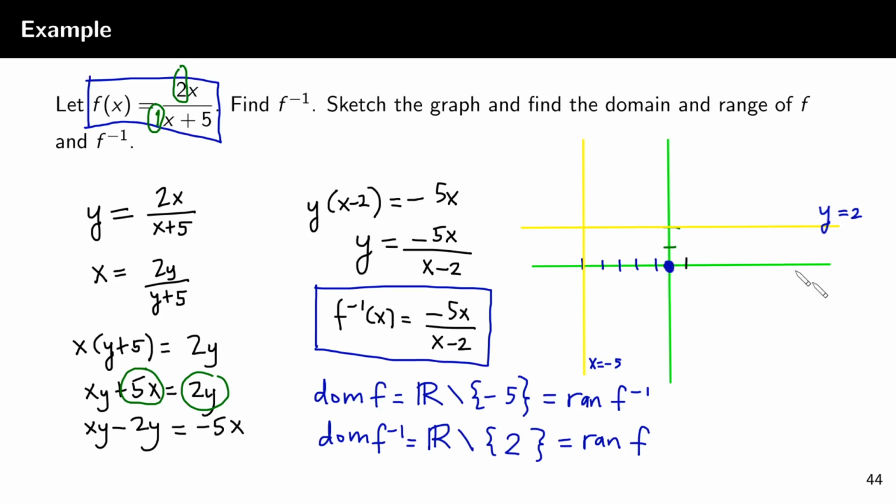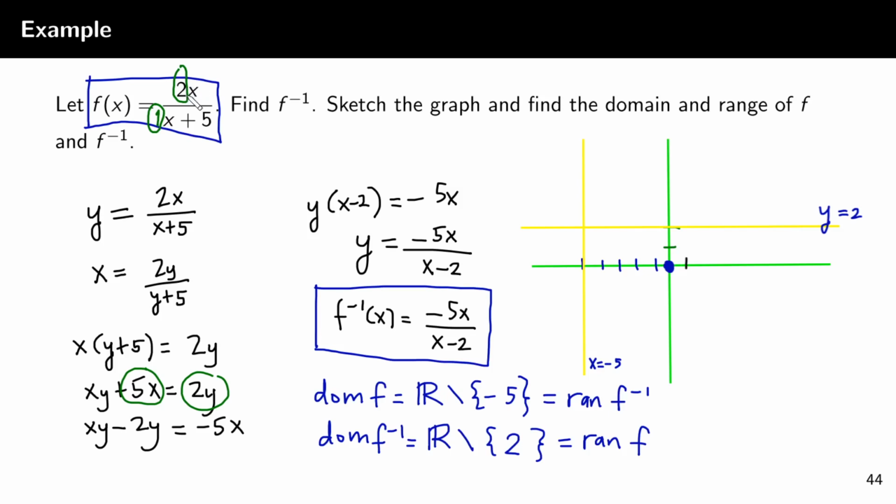So, dito ngayon maglalaro yung sketch ng graph natin. So, let's try -1, -2, -3, -4. Is that a good value? -4.